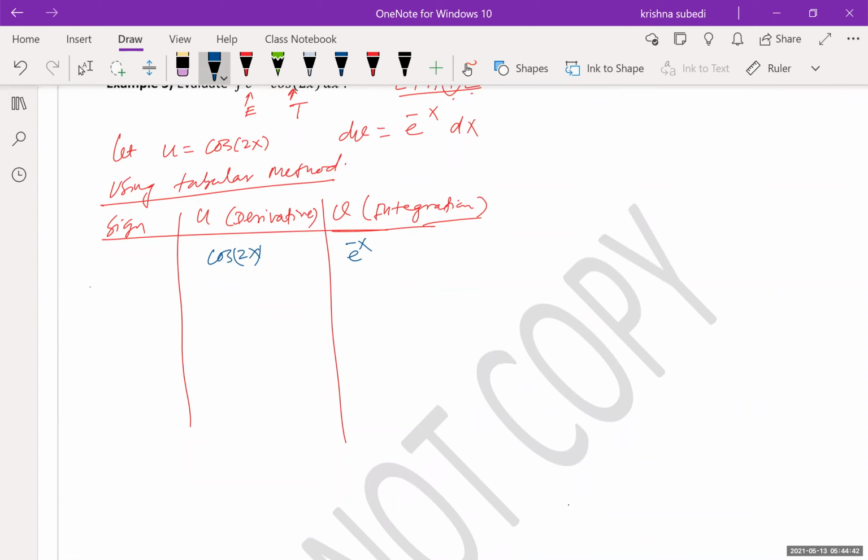So derivative of cosine 2x is going to be negative sine 2x times 2. So you're going to get negative 2 sine 2x.